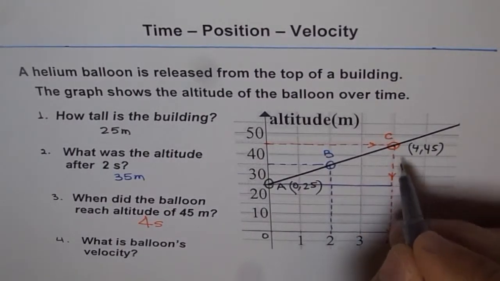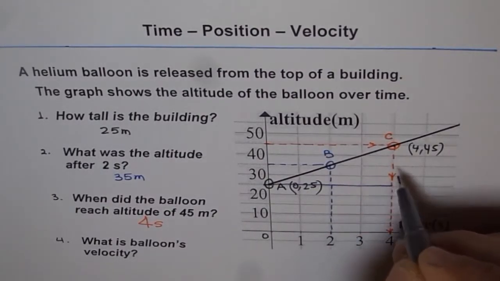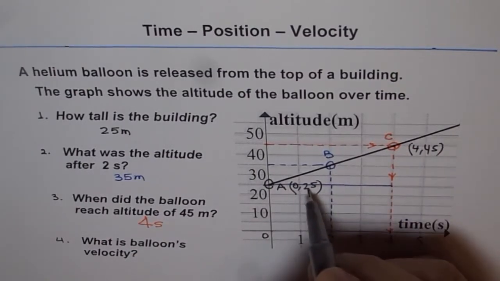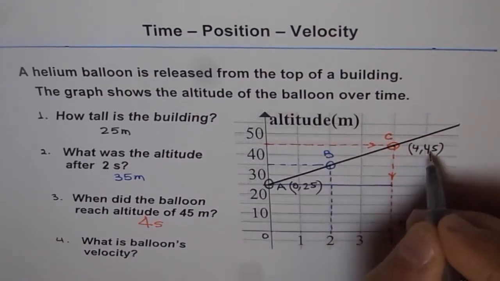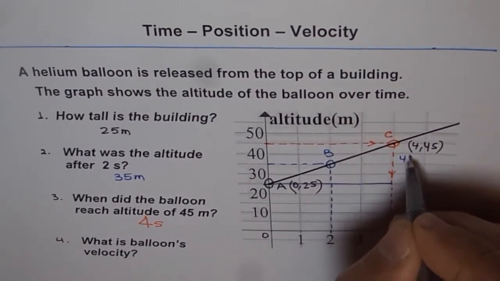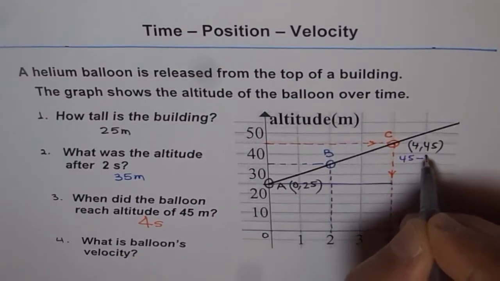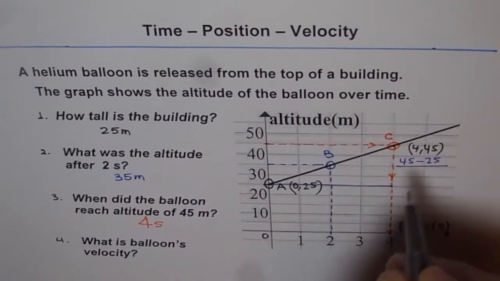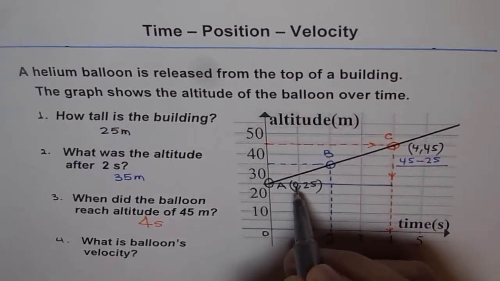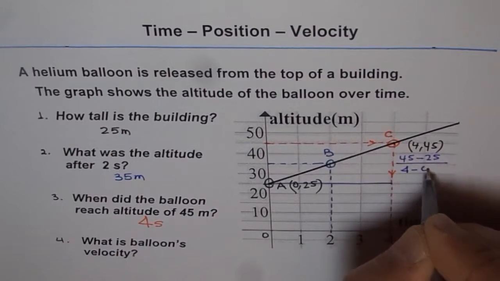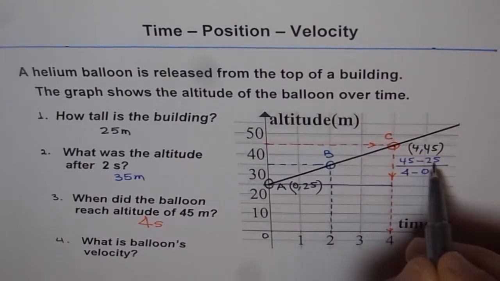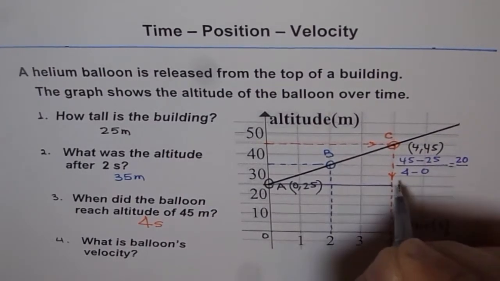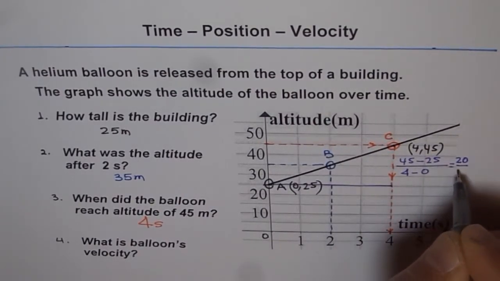So rise is from A to C, which is 45 minus 25, the difference in y values in proper order. This is divided by run, which is the change in time, from 4 to 0, so it's 4 minus 0, correct? 45 minus 25 is 20, and 4 minus 0 is 4.